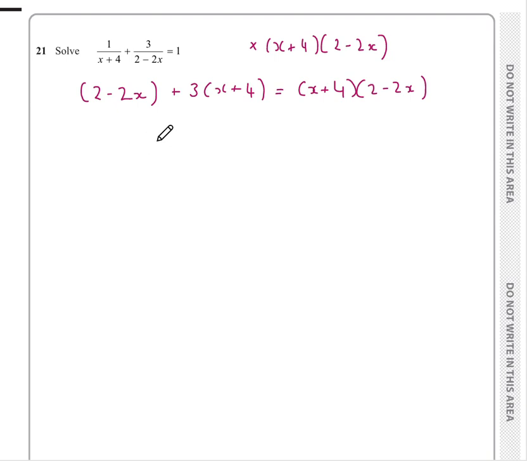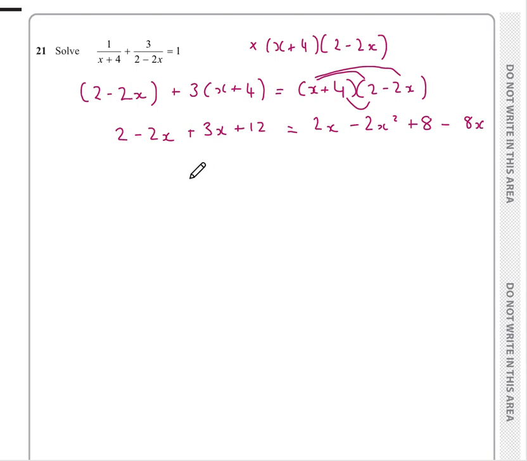Okay, so you can see when I multiply this out, I'm going to get a quadratic. So I want to collect together my terms and rearrange it so it's equal to 0. Let's multiply out. Don't try and do too much in one step. So 3x plus 12 is going to be equal to 2x minus 2x squared plus 8 minus 8x.